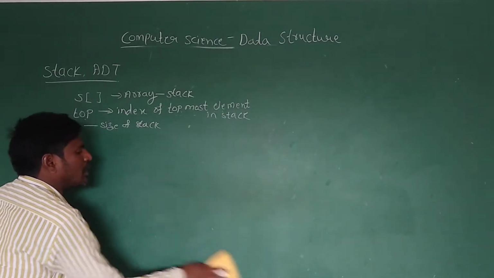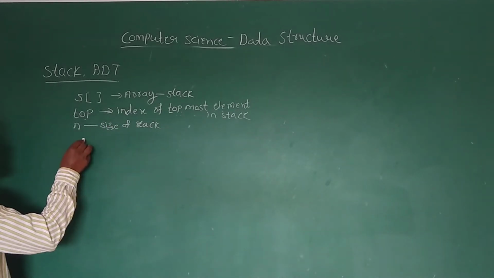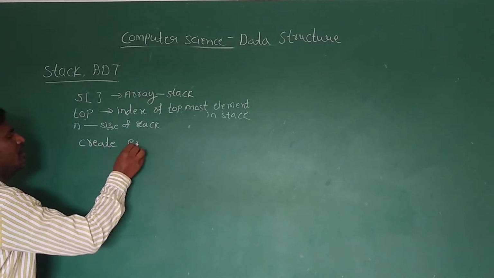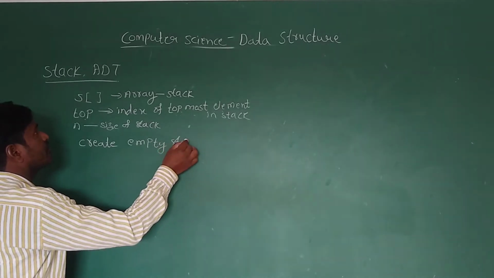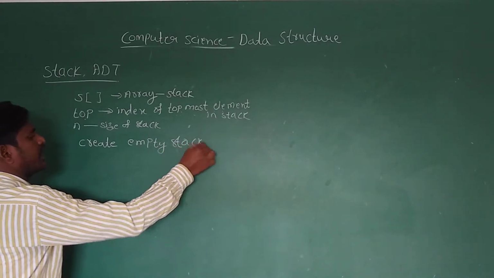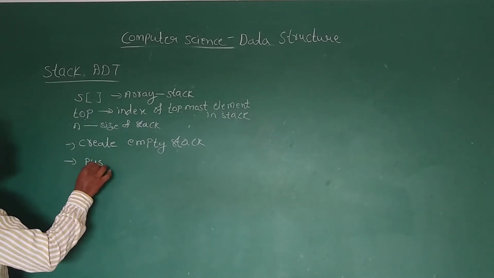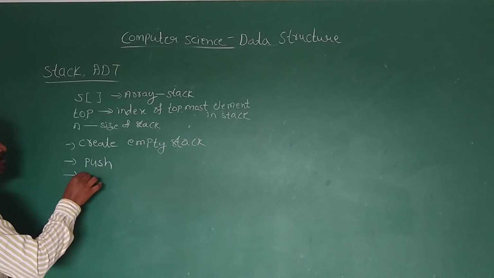Next, what operations can we perform on the stack? We can create an empty stack. Initially, we have to create an empty stack. Second, we insert an element into the stack, that means we perform the push operation.